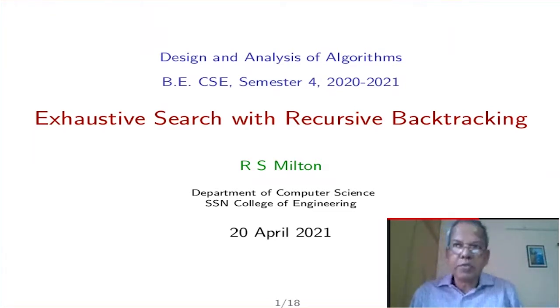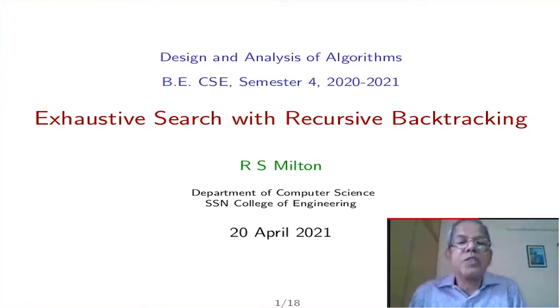In the last class, we took a look at graph traversal algorithms. Suppose we are given a connected graph, or for that matter, we are given a graph and a source vertex. We are interested in finding out all the vertices which are reachable from the source vertex.